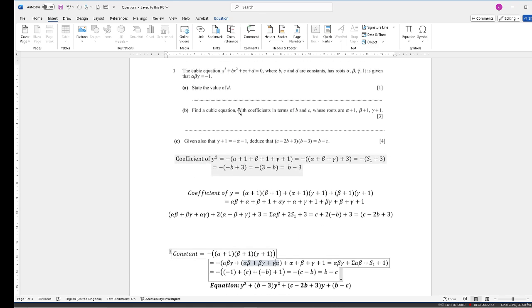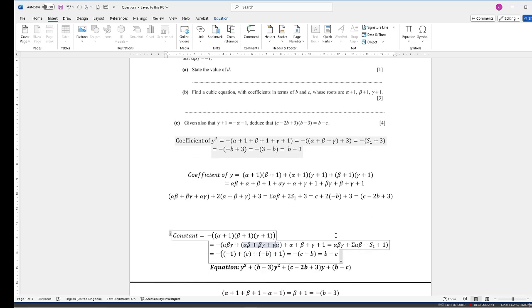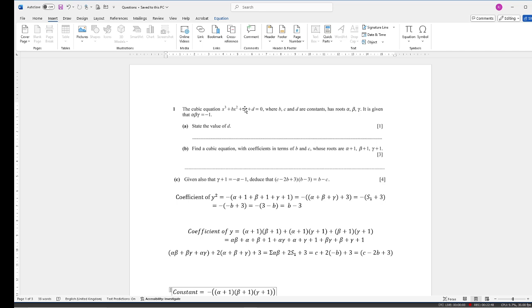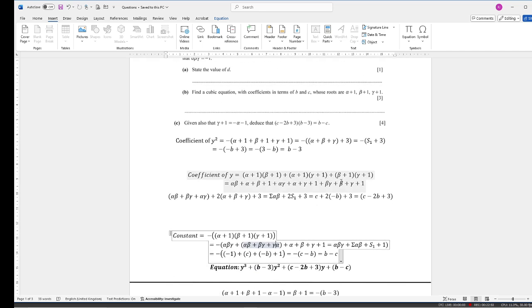We know that alpha beta gamma is -1, so -1 plus 1 is 0. Sum alpha beta is c by a, which is c, and S1 equals -b. So we're going to get negative of c minus b, which is b minus c.